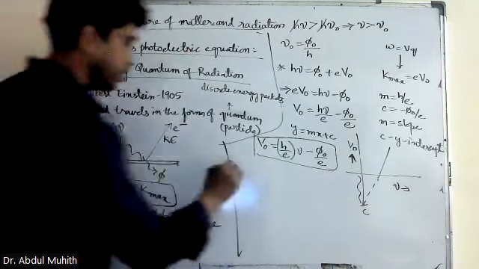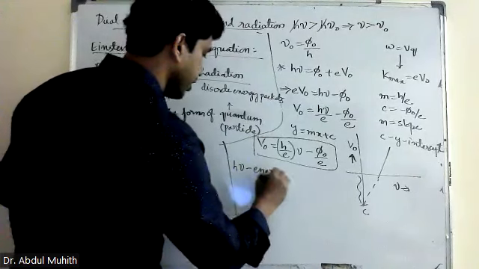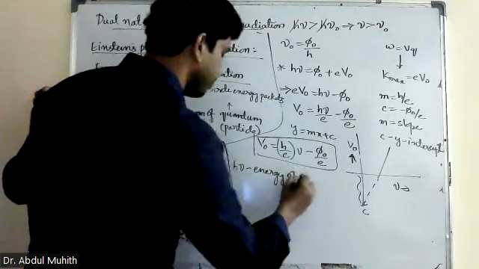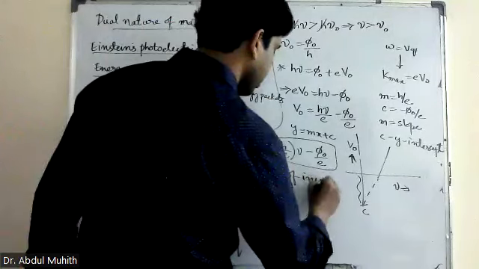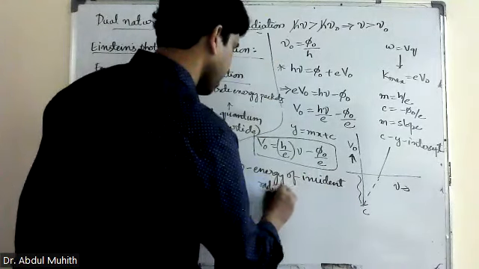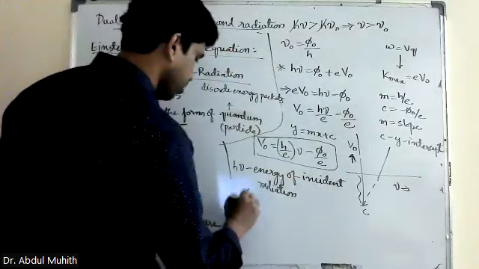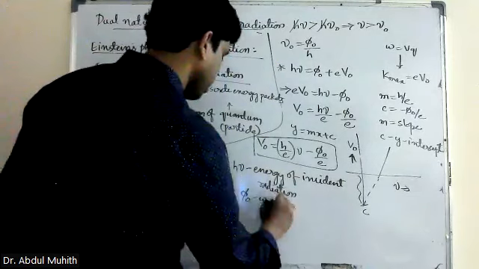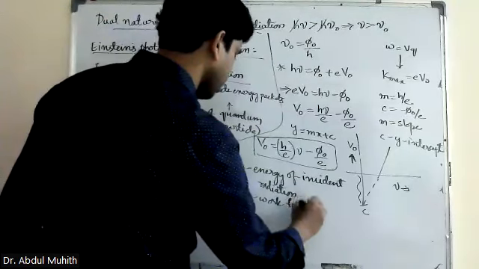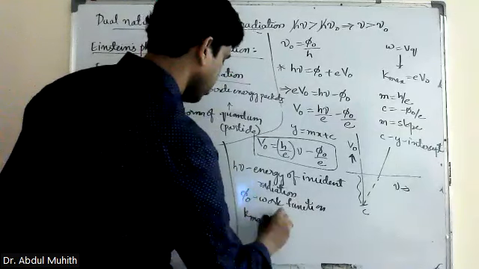What is h nu here? I'll write here: h nu is energy of incident radiation. Second one is phi 0. Phi 0 is work function. Third one is K max, maximum kinetic energy.